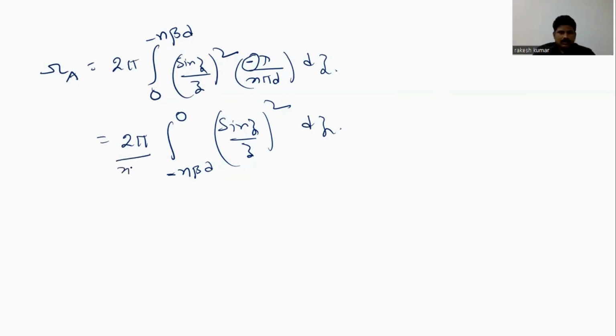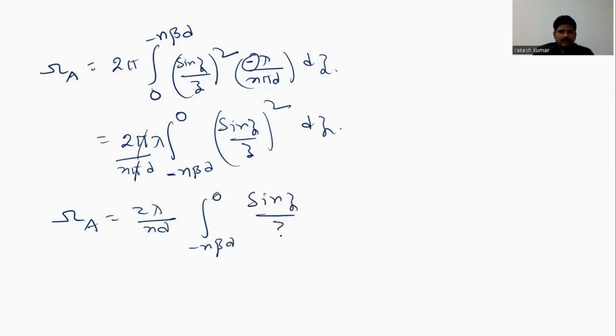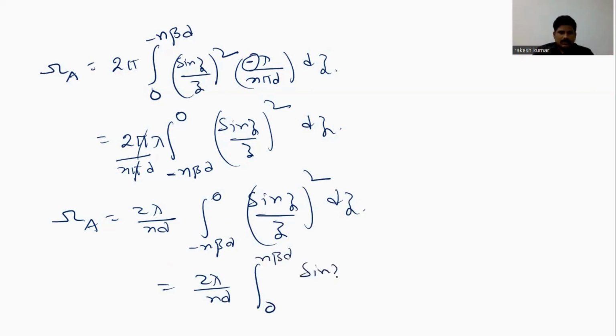Pi will get cancelled. Therefore sigma a is equal to lambda by n d integration of minus n beta d to 0 of (sin z by z) whole square dz. That is equal to 2 lambda by n d integration of 0 to n beta d of (sin z by z) whole square dz.